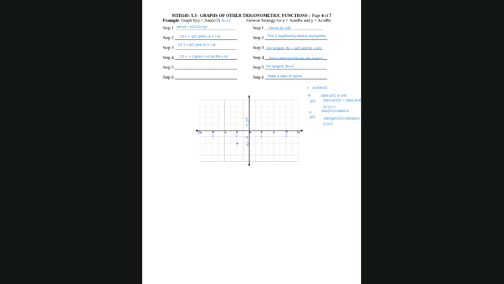Remember the asymptotes that we came up with where x equals negative pi and x equals positive pi. So I'll go ahead and graph my asymptotes.